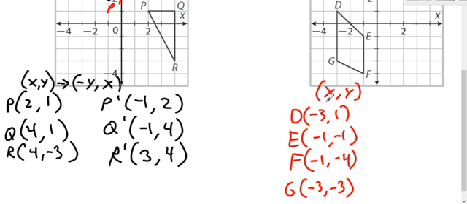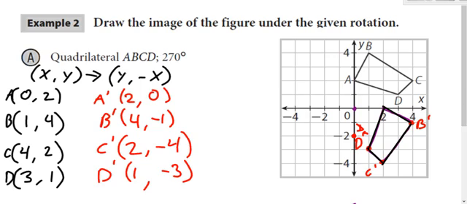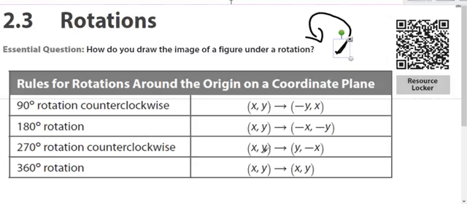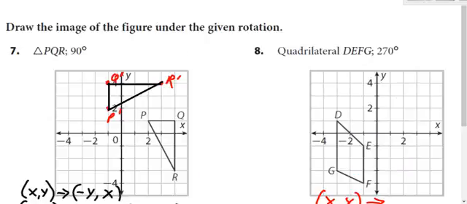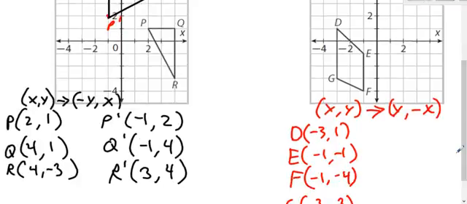And let's check our rule. 270 degrees. XY goes to Y negative X. So they switch places, and we change the sign of the X. So the 1 goes first, and then change the sign to a positive 3.